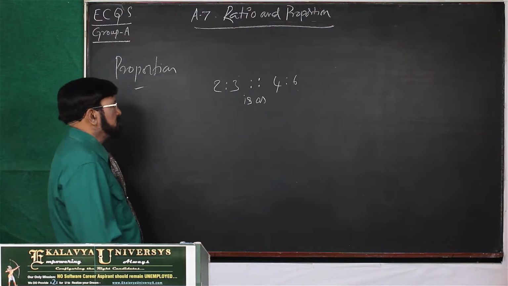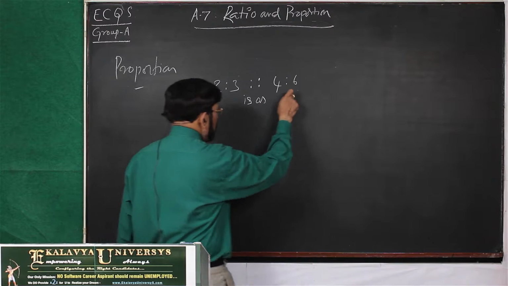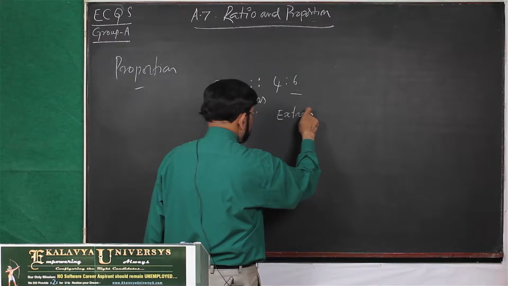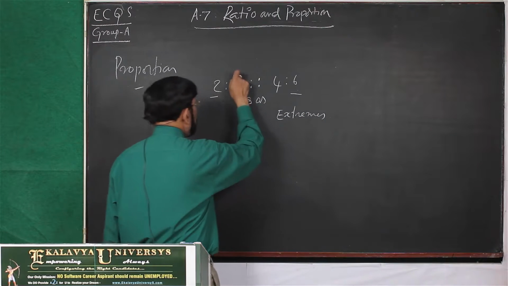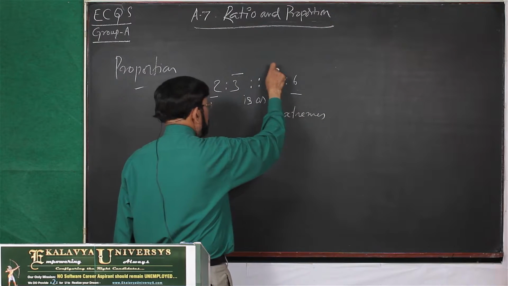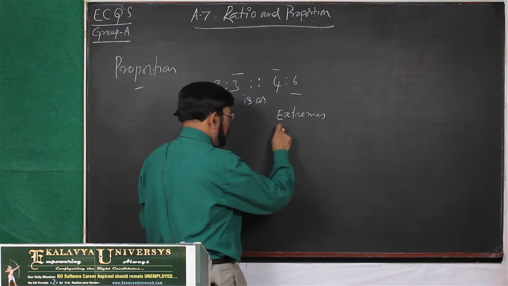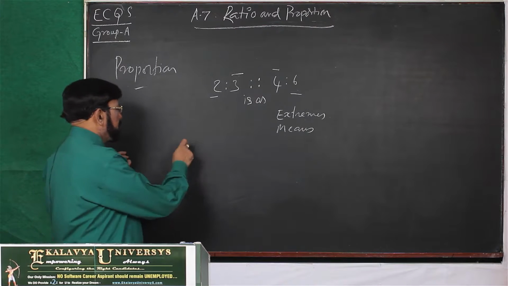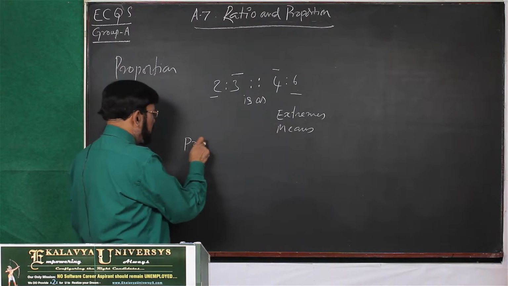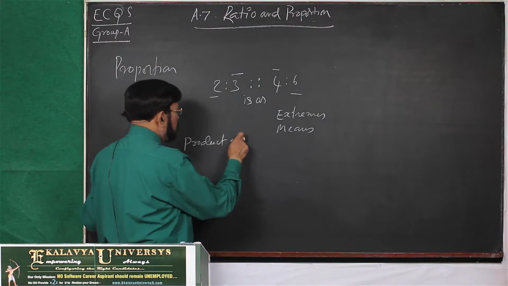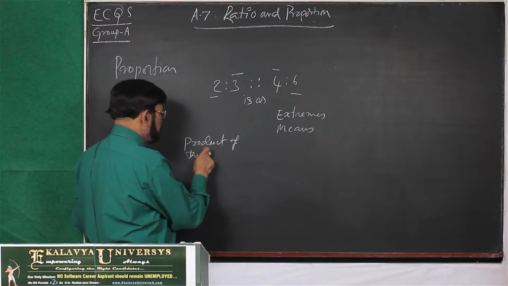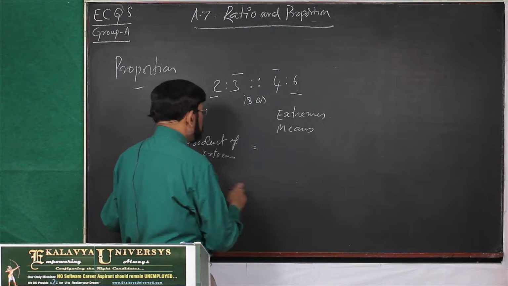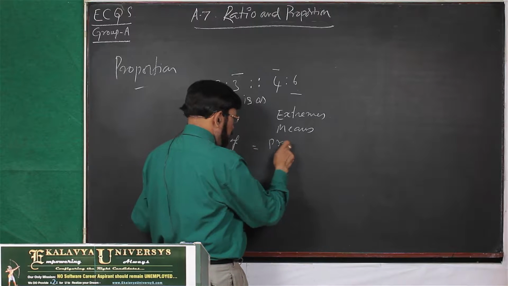And in this, the first term and the last term are called extremes, and the second term and third term are called means. Here, the product of the extremes is equal to the product of the means.